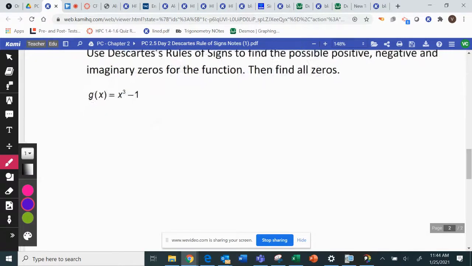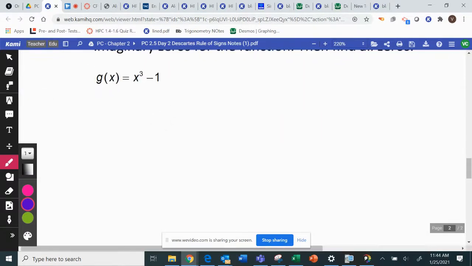So we've got x cubed minus 1. Oh, that sounds familiar. Like we just saw that one, maybe. So I'm going to start with my positives. To do the positives, we just look at sign changes in the original equation. So I've got x cubed minus 1.